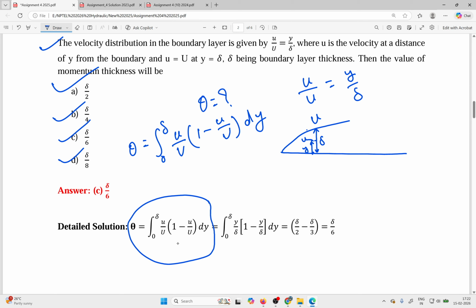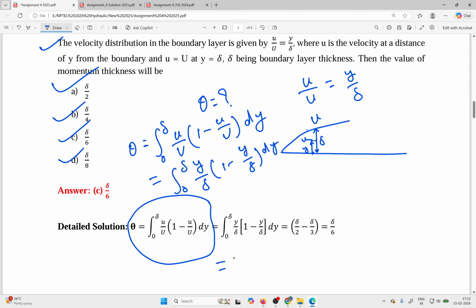So here you have to put 0 to delta, and y by delta, 1 minus y by delta, dy. So now you can integrate here.